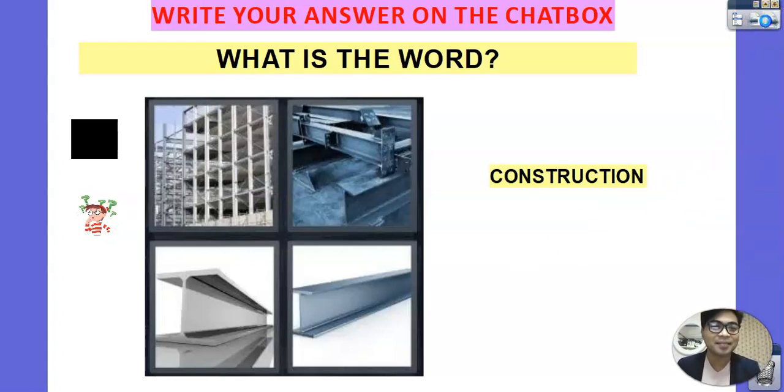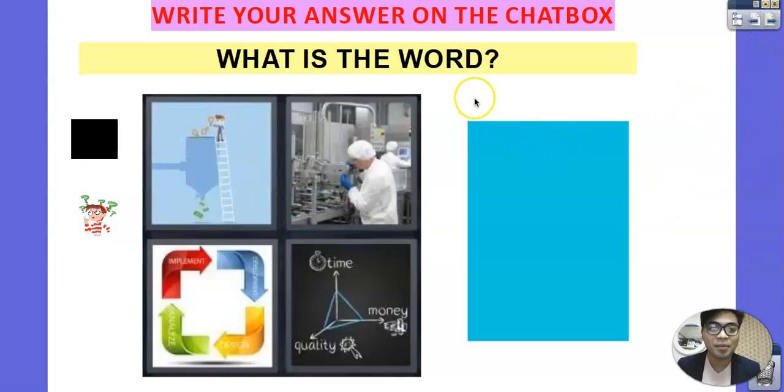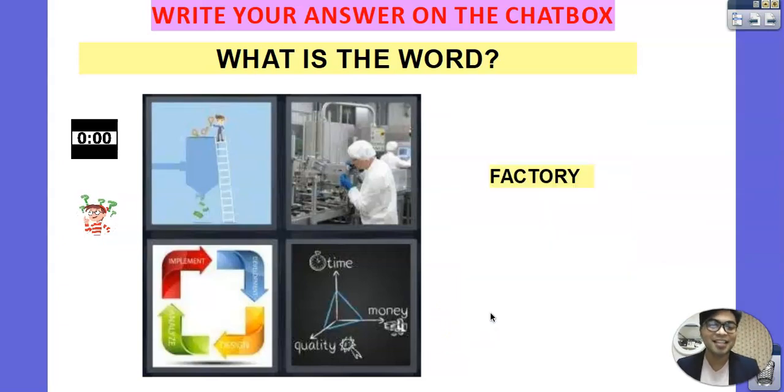Next question. What is the word? Let's see. It's a factory.